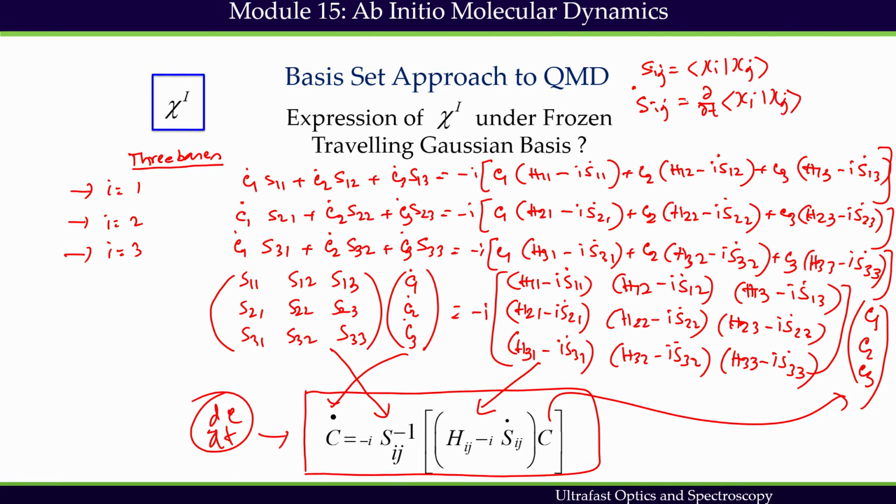It is not like this, rather, as we have defined before, it is chi I then the first derivative of chi j. This is something which we should remember. So S dot here is not the time derivative of the overlap matrix.